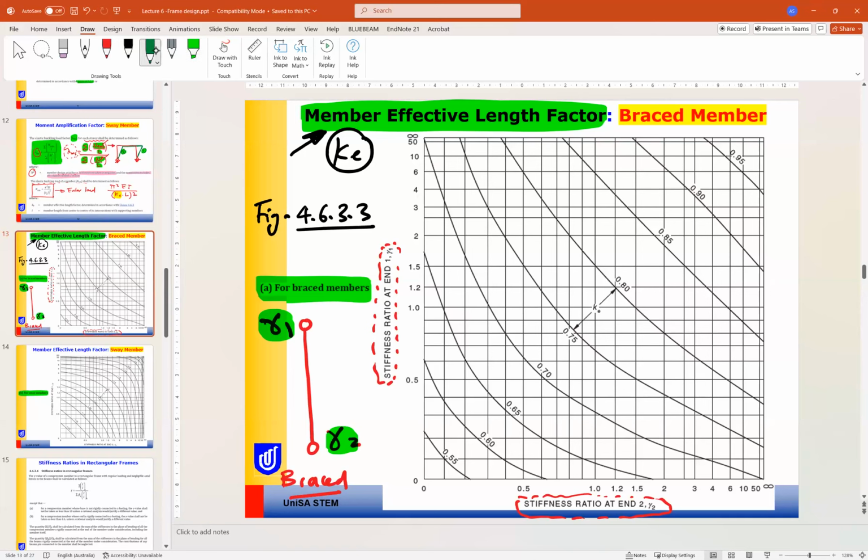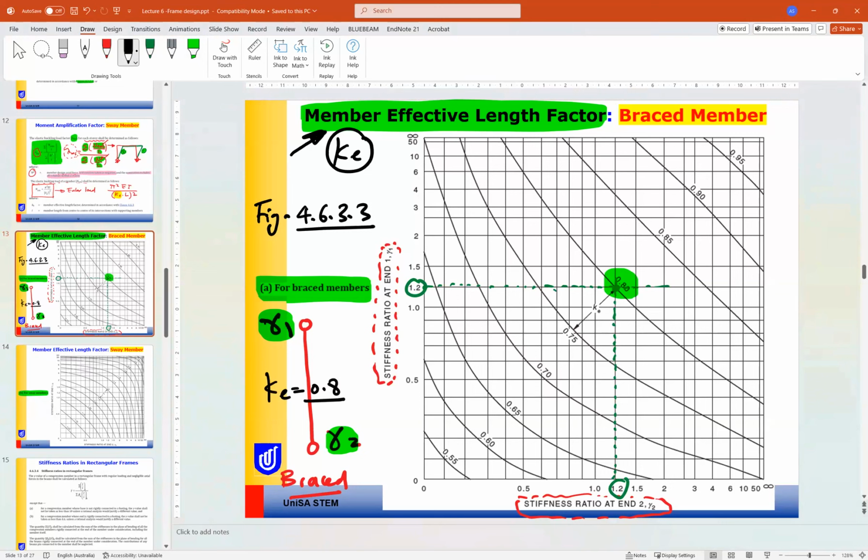For example, if gamma 1 is 1.2, you go horizontally. And if gamma 2 is 1.2 as well, this is just an example, guys, they intersect here. So how much is our K effective, for example? K effective equals 0.8.